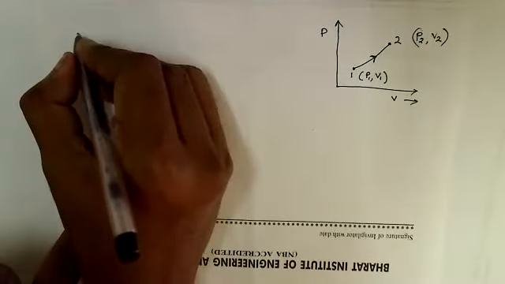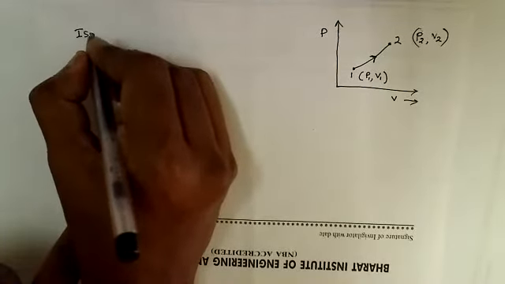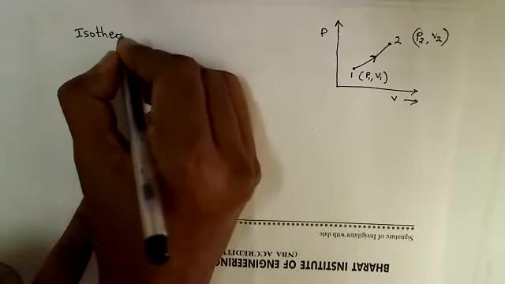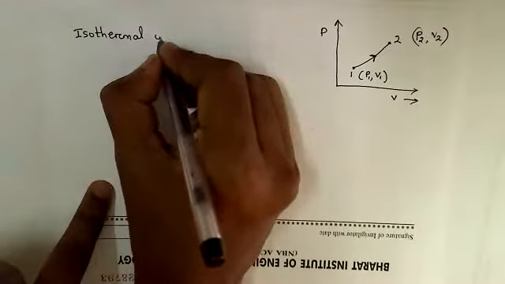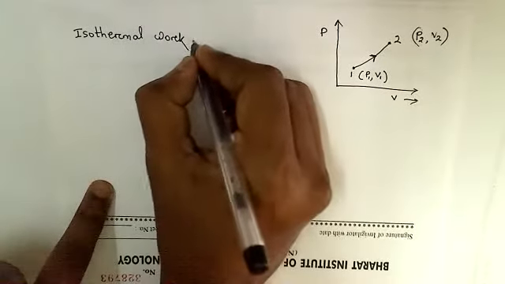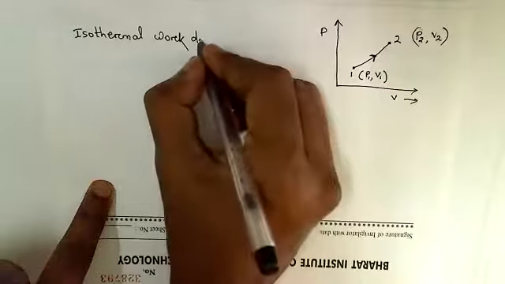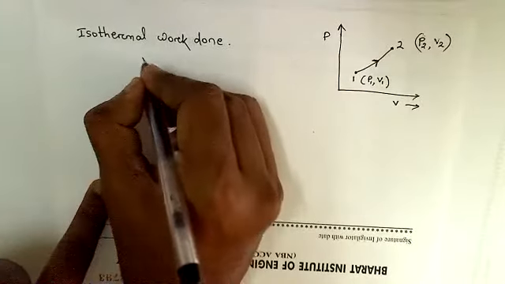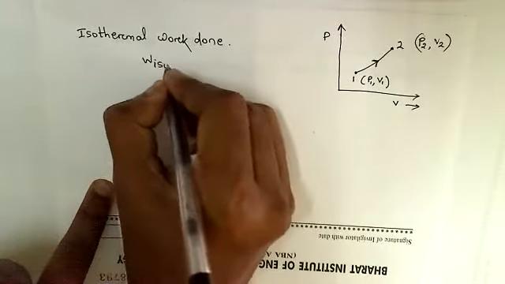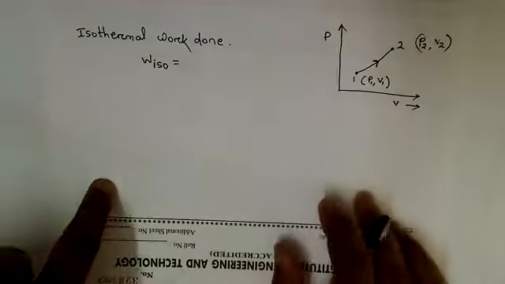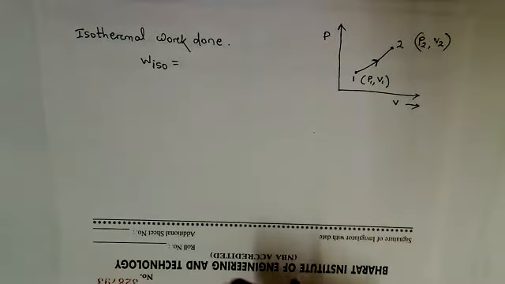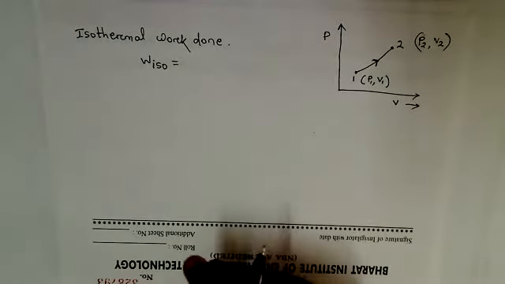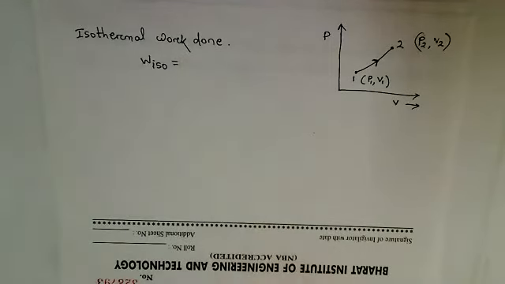So what is the formula to calculate isothermal work done? Can anybody tell? Have you remembered it? Isothermal work done formula in terms of pressure and volume, W iso. In thermodynamics you have already studied this. There are isothermal work done, polytropic work done, isentropic work done.